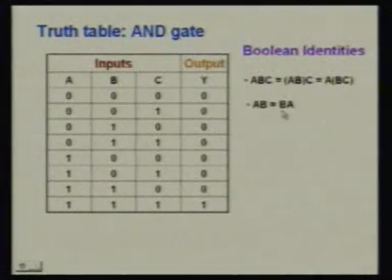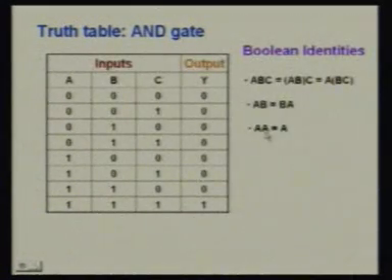Similarly, AB is equal to BA, which means we can interchange the inputs. We can put A at the first terminal and B on the second terminal, or B on the first terminal and A on the second. Again, we have to take care that A and B can each assume the 0 state or the 1 state.